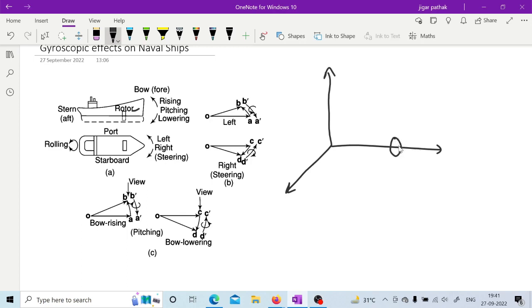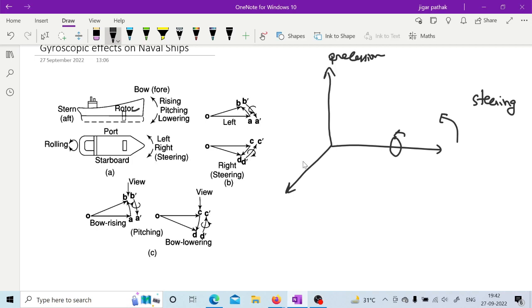What is happening in case of a naval ship is, whenever it is steering towards left or right, that will be the precession axis, right? But your naval ship is also pitching.